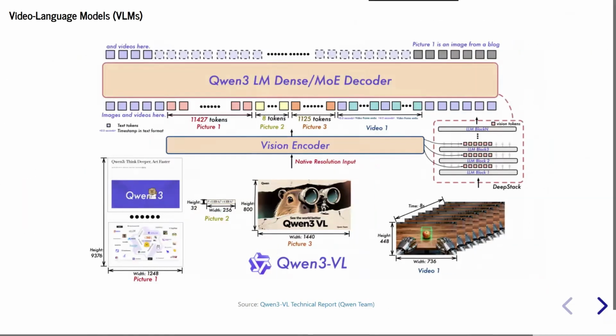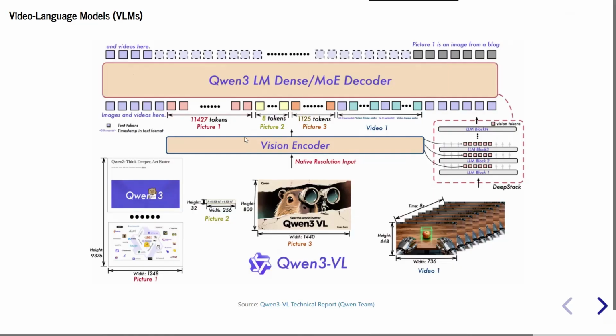Another example is the video language model. In this case, I wanted to show you an example from the Qwen3 model released pretty recently by the Qwen team. The idea here is always the same. We have some text tokens here that have been preprocessed and tokenized into an embedding.